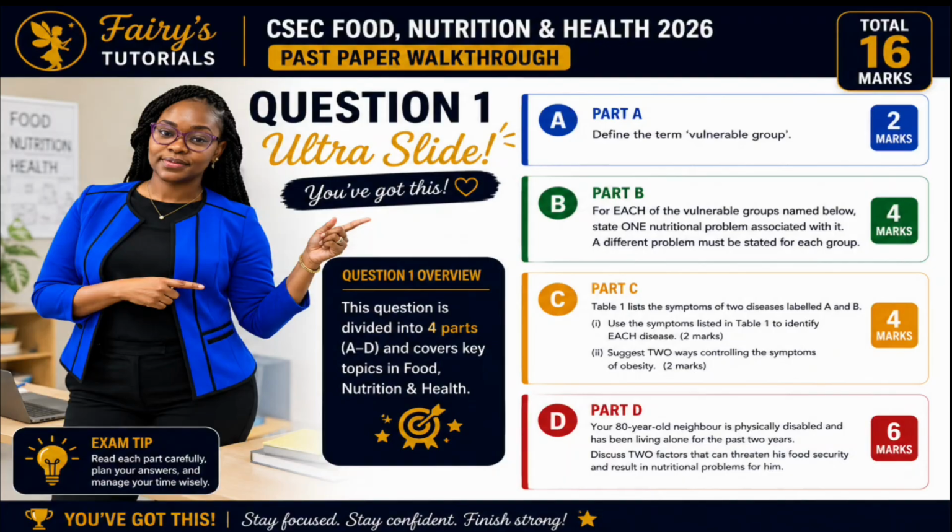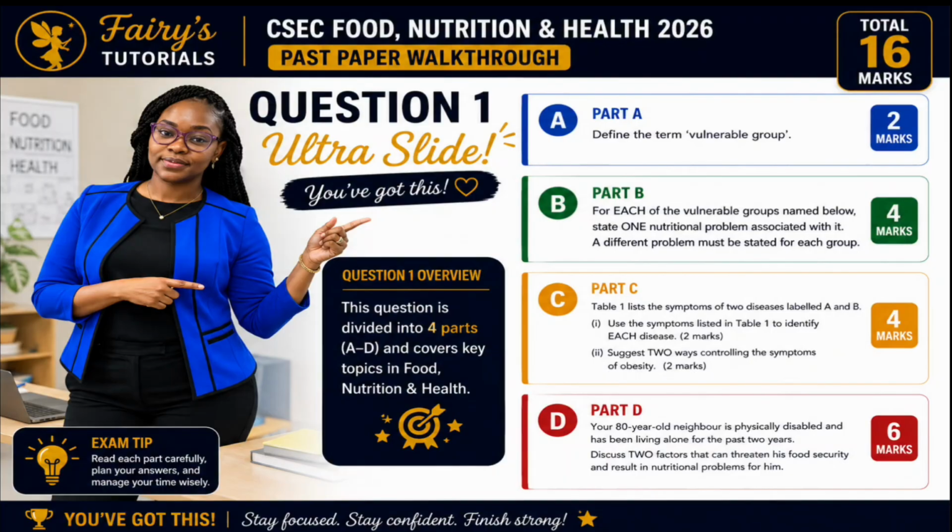Part C, Table 1 lists the symptoms of 2 diseases labeled A and B. C1, use the symptoms listed in Table 1 to identify each disease, 2 marks, right? I'll show you the table again when we're looking at the ideal responses. And then C2 states, suggest 2 ways of controlling the symptoms of obesity, right?